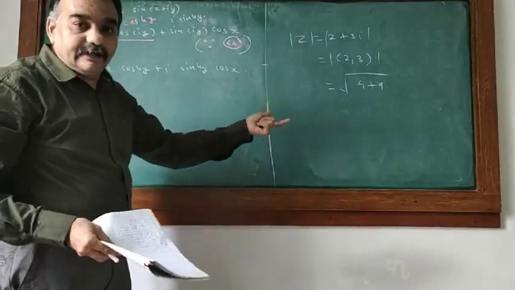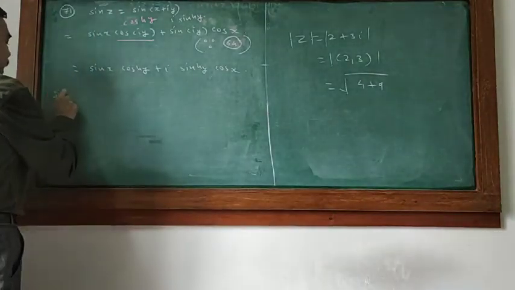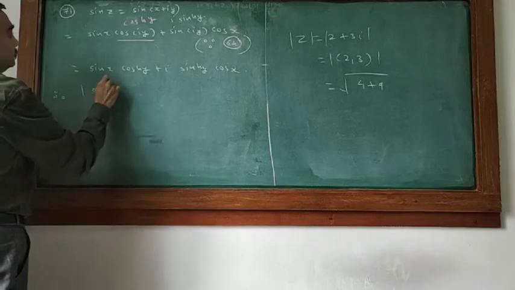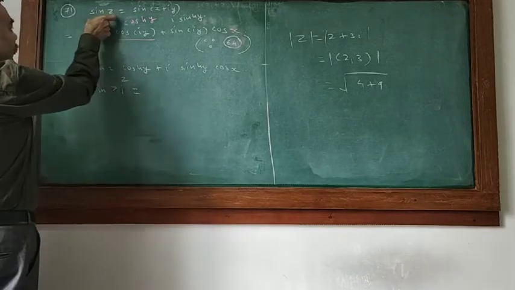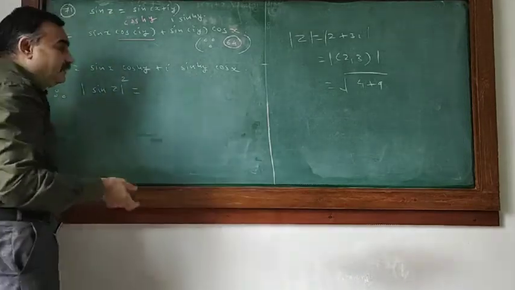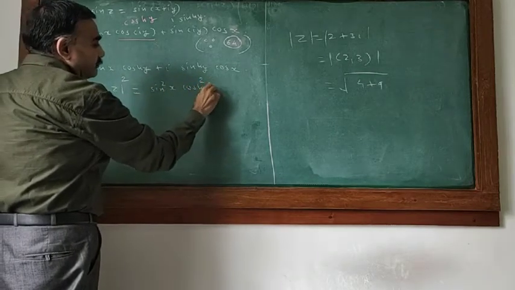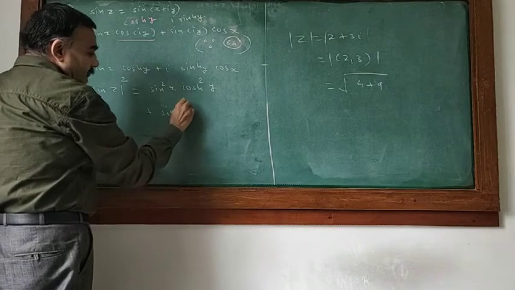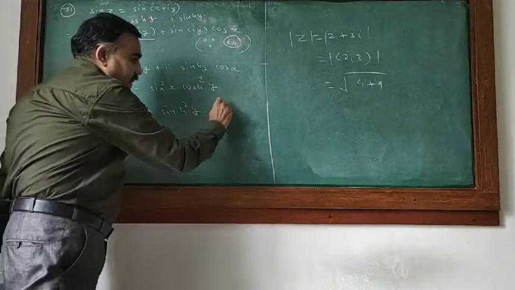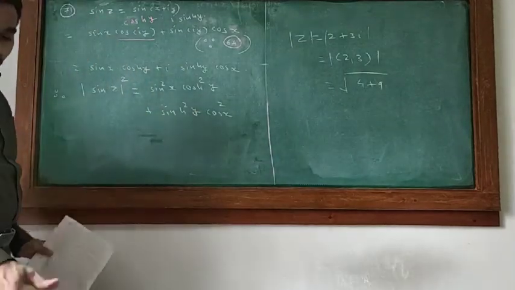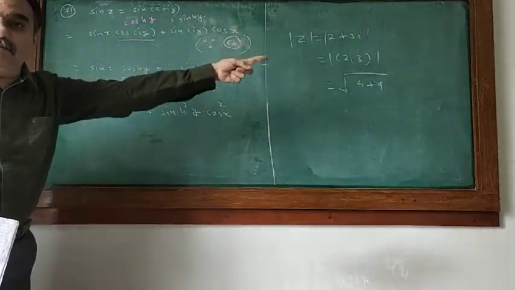Likewise, we can find the same value. What is mod of sin z square? At that time it is sin square x cosh square y plus sinh square y cos square x. I think you understand. This is 2, this is 3, as I am giving the example.